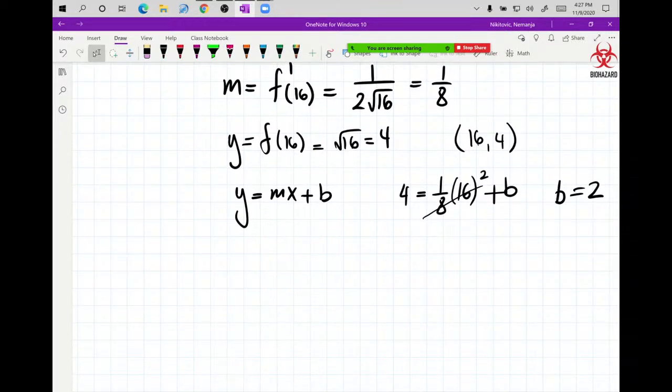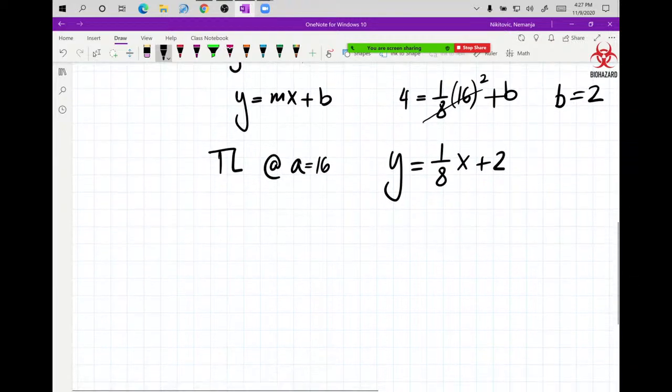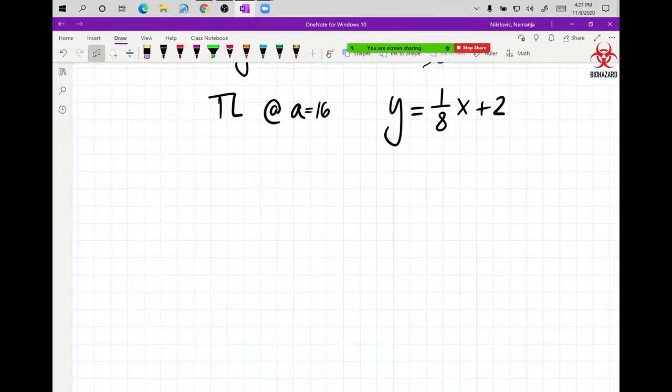All right. So now I have b is 2, and my tangent line at x equals a, or a equals 16, is given by y equals 1 over 8 x plus 2. Okay, here's the $1 million step.